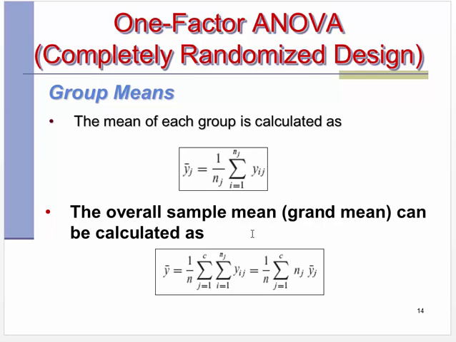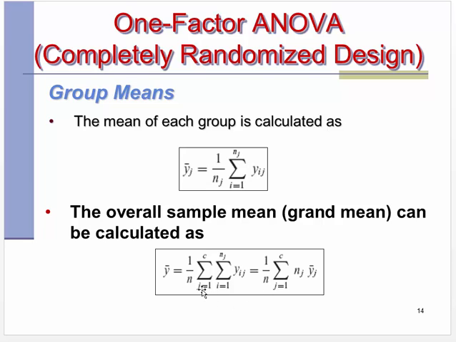And then what is the overall sample mean? The grand mean can be expressed as the sum of all the group means over the total of all the treatment categories. Okay. So for every individual y observation, you add up from i equals 1 through nj for its values within the group, plus we add up from j equals 1 through c for all the different treatment groups, divided by the total n.